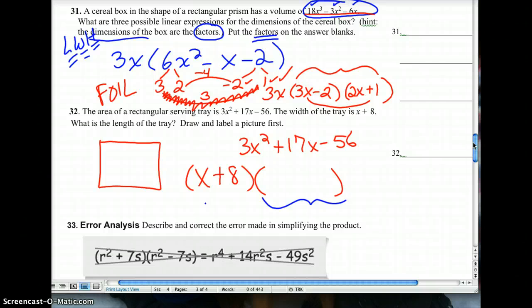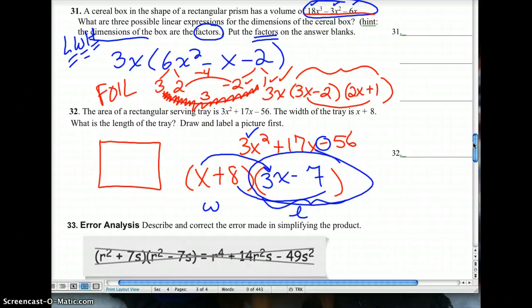This is the width, and we're in search of the length. They're telling you what the first term factor is, so the only way I can multiply and get the 3x squared is if this is 3x. And the only way I can get 56 with my last is if this is a 7. Again, you're unFOILing every time it asks you to factor. And then a sign analysis would tell me this has to be negative. So my missing length is 3x minus 7.